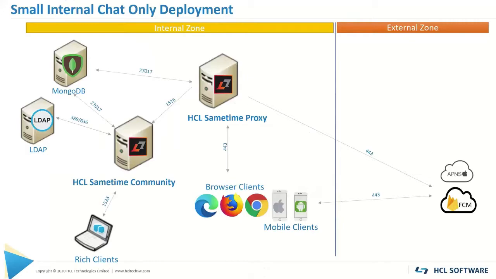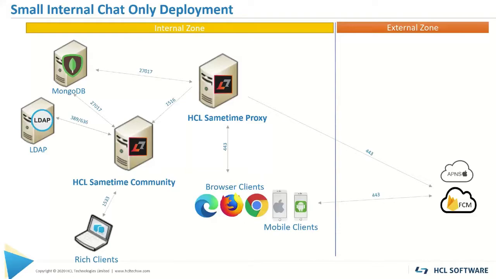In the standard chat-only deployment, which is what I'm assuming most of you are already familiar with, we had a community server, which was, of course, the main component of the environment. It's where all the real work goes on, and that is where our rich clients connect over 1533.